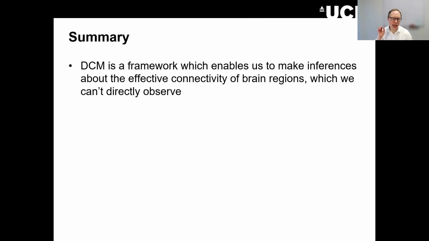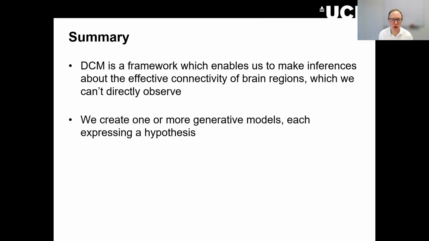So to summarize, DCM is a framework which enables us to make inferences about the effective connectivity of brain regions, which we can't directly observe. And I explained what effective connectivity is. It's directed connectivity at the neural level. We create one or more generative models. Remember, a generative model is a model that can generate simulated data, which you can then compare to the real data.